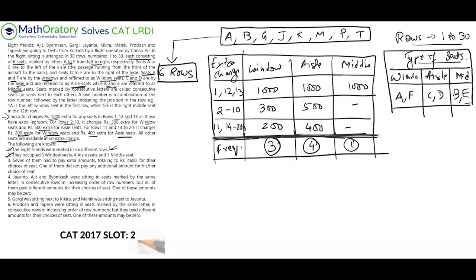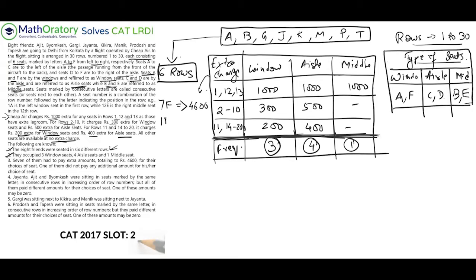Now let us look at number 3. 7 of them had to pay extra amounts totaling to rupees 4600. This is something to do with this extra charge only, I believe. So we have 7 friends who are paying a total of 4600. This is the extra charge information, and one of them did not pay any additional amount.